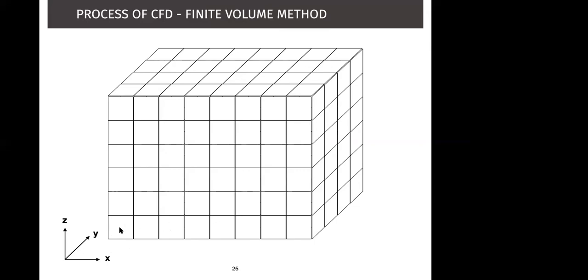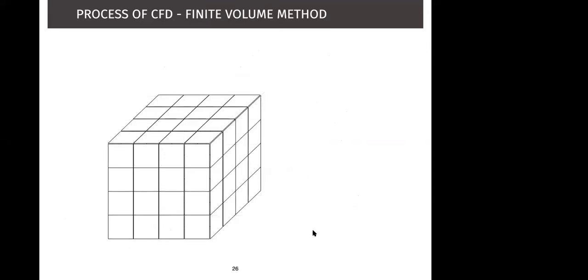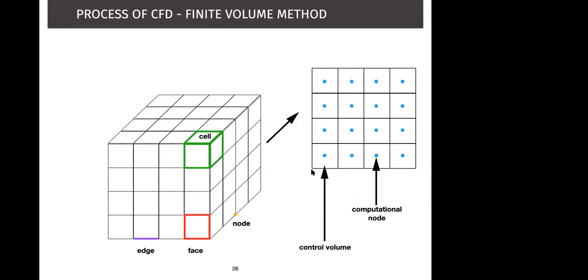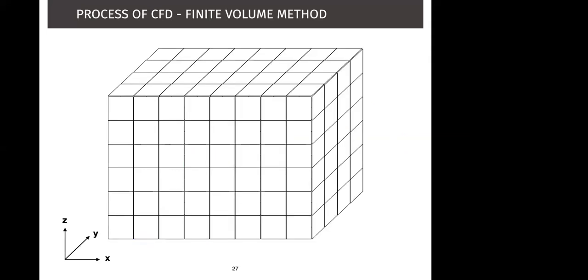It's a time iterative method, which basically means that for this control volume, you would have an edge, a face, a node, a cell, and the computational node, for which every control volume and every node, you would be calculating those parameters moving ahead in time. Just to give you an idea of how that is performed.